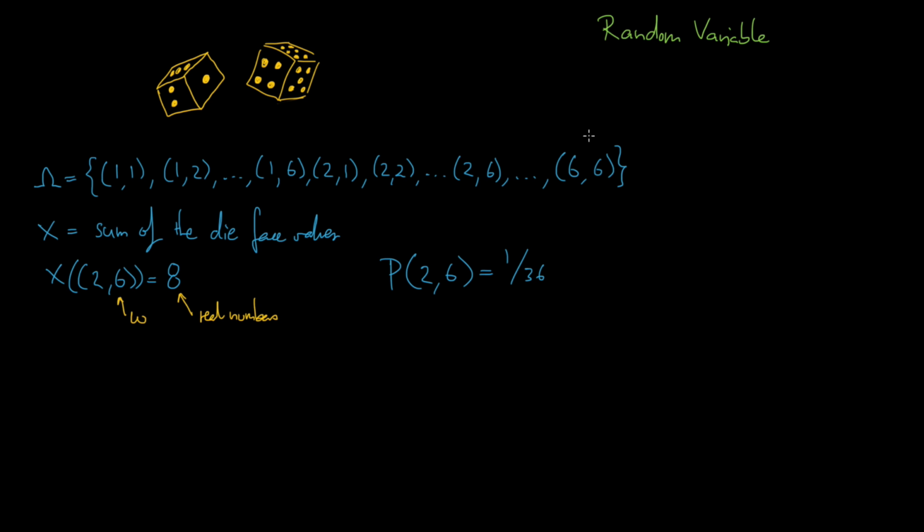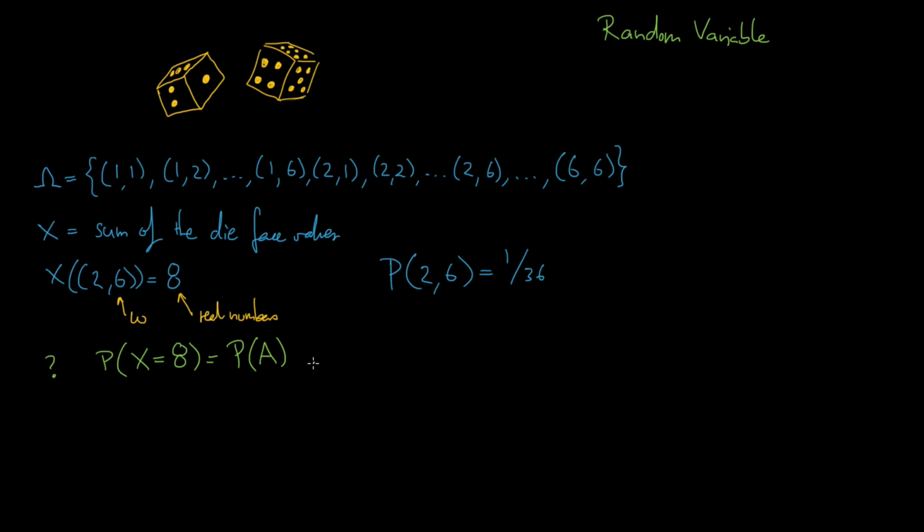But then a natural question that we're going to ask is, what is the probability that this sum of the die face values is equal to 8? So if I go over all my possible outcomes, what is the probability that that sum is equal to 8? So that's going to be our next question. Clearly we can intuitively see that this is going to be just like any other probability, the probability of some event.